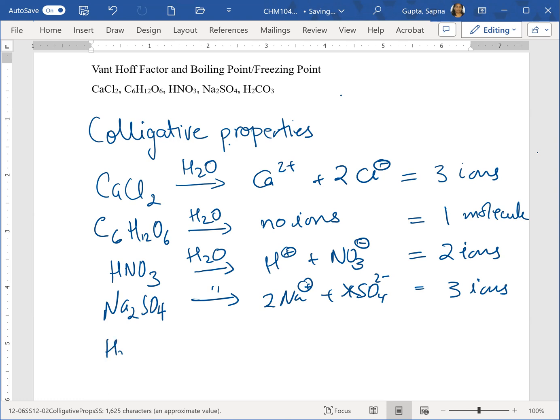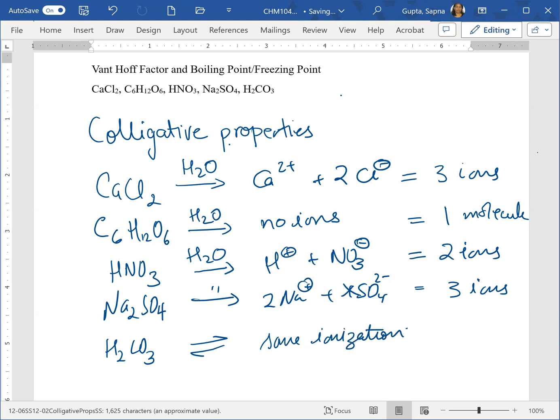Now, carbonic acid is a little bit weird because it is actually a weak acid. You learned that in Gen Chem 1 about weak acids, which means it does not ionize all the way. So what does some ionization mean?